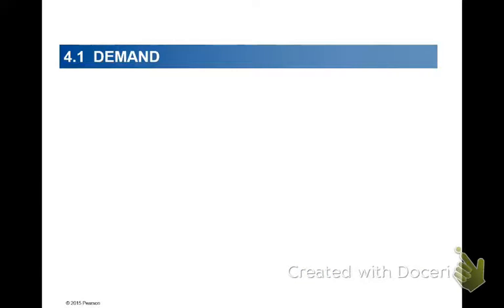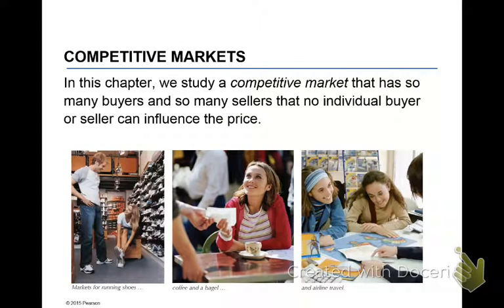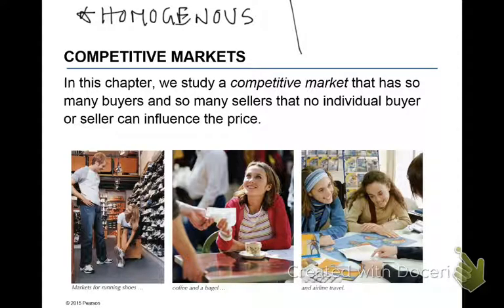We first assume that the number of buyers and the number of sellers are large, and we also assume that producers produce something called homogeneous goods. Homogeneous goods means the kinds of products that they all produce are identical to each other.